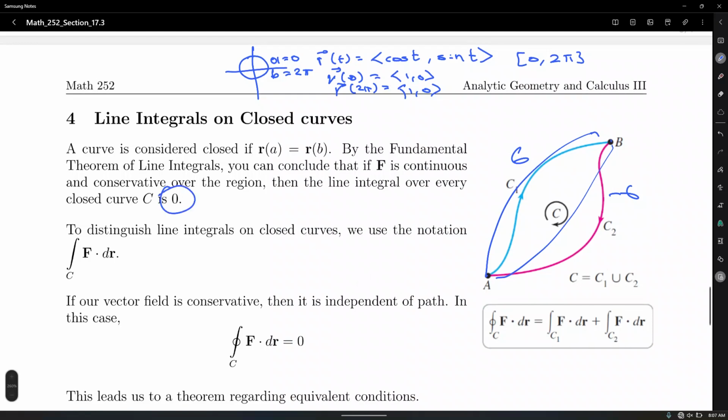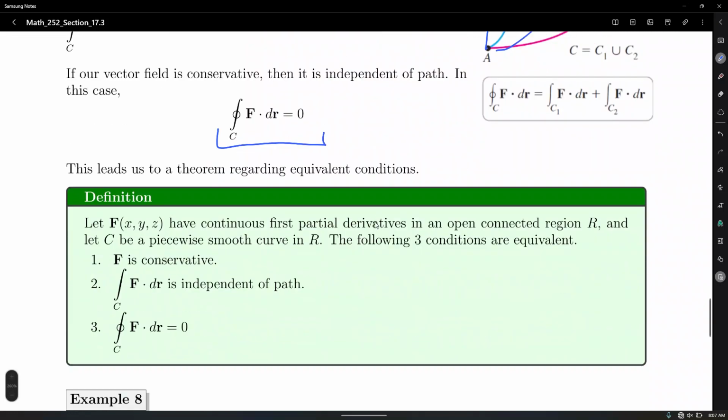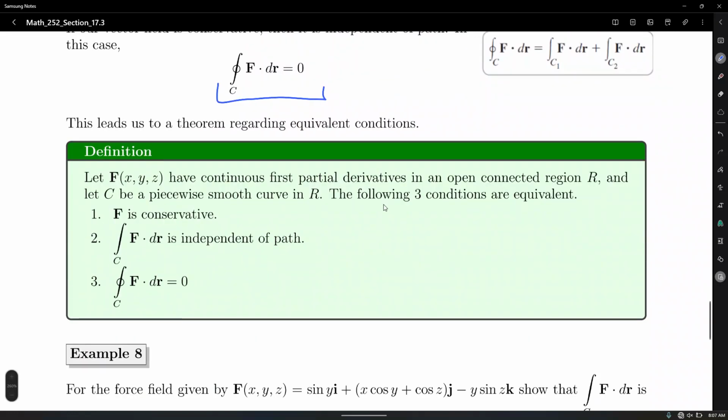That's what tells us that the value of the line integral over a closed curve is going to be 0. So now here we have a summary of ideas related to conservative vector fields and line integrals. These statements are equivalent. Number one, you will be given a force field, a vector field.